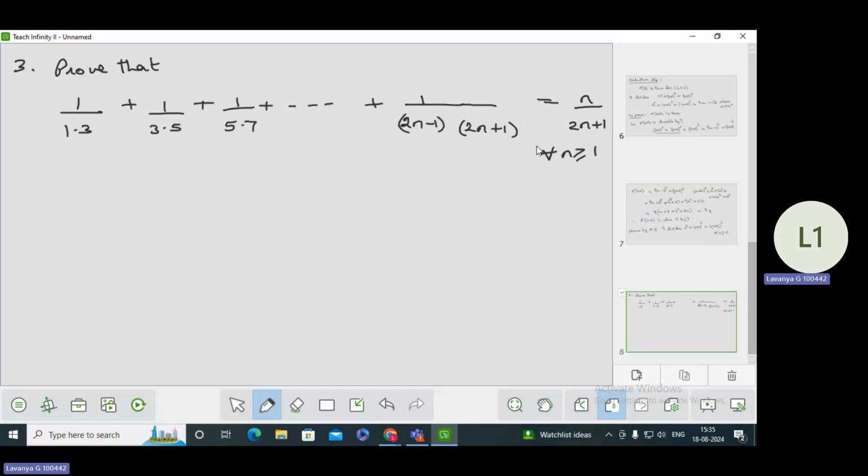Now, every n greater than or equal to 1 is given to us. So, in basis, I have to consider n is equal to 1 for this problem. We shall start the solution.